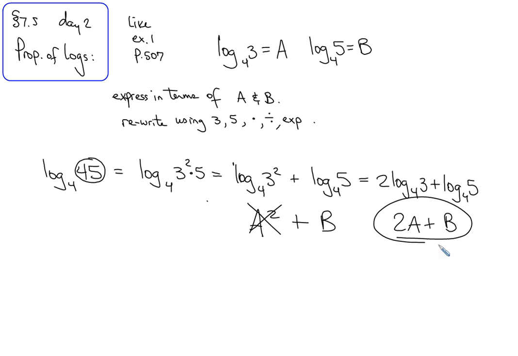Now another mistake that people do is people will write things like, okay, well this is 3 squared times 5. So what do they write for the final answer? They write this as log base 4 of A squared plus log base 4 of B. You see they kind of expanded this part way, but the main problem is, what did they say A is equal to? 3.